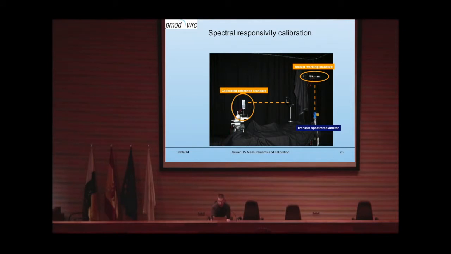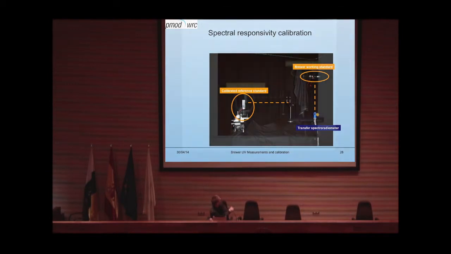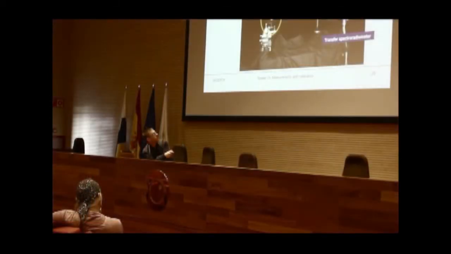This is an example that shows you how you actually go from a transfer standard that was calibrated by a metrology laboratory to the vertical beam orientation that is required by the Brewer. This type of transfer is being done with an instrument that has an optical fiber.